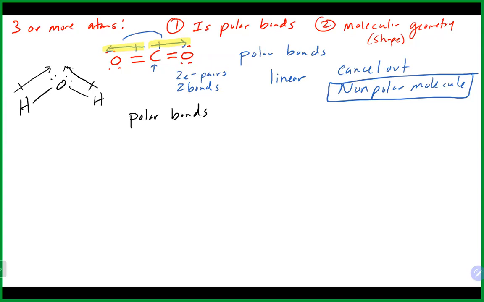The geometry of our water, as we talked about, is that the oxygen has 4 electron pairs, but only 2 bonds. This is our bent, our V-shaped geometry, with a bond angle less than 109.5, about 104-ish.